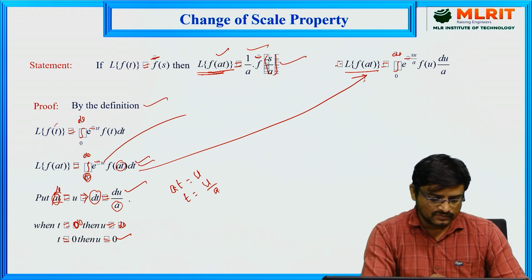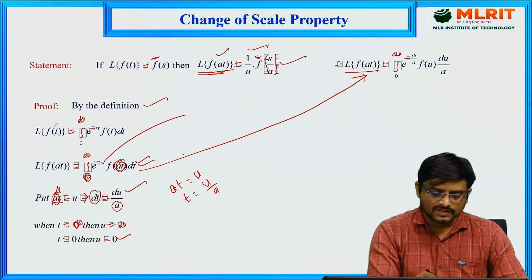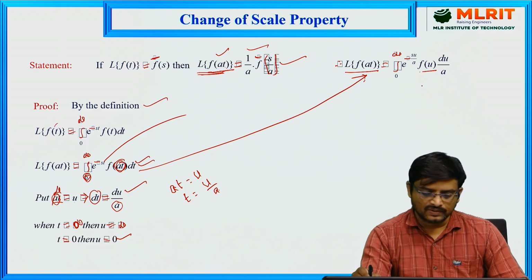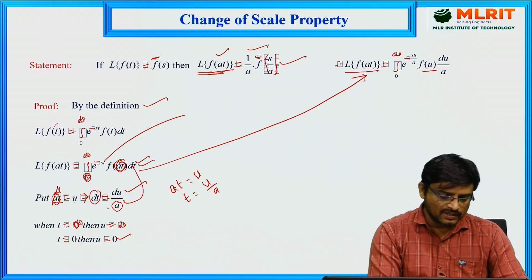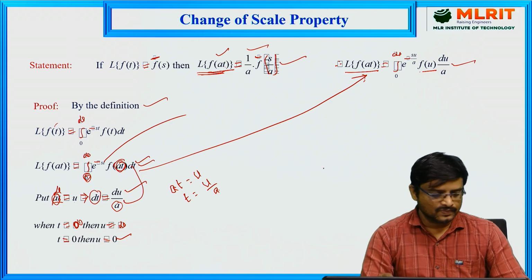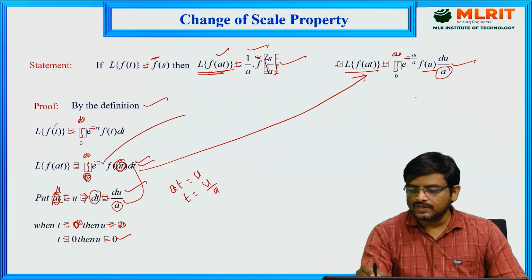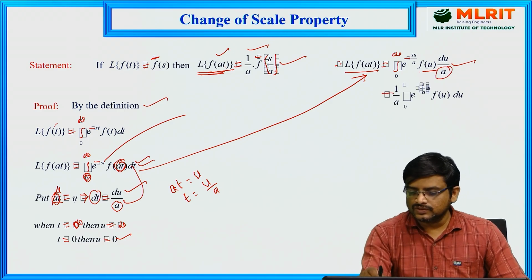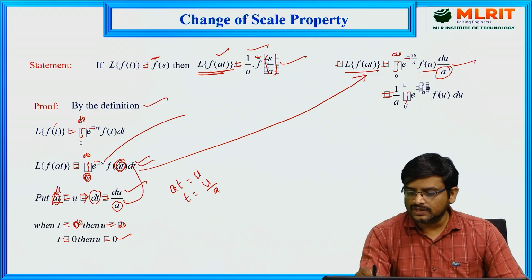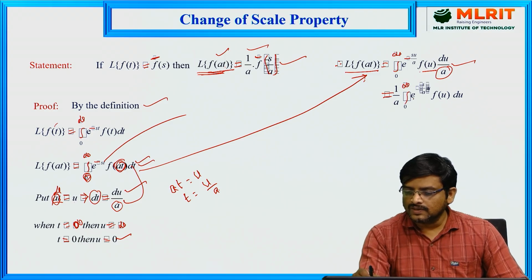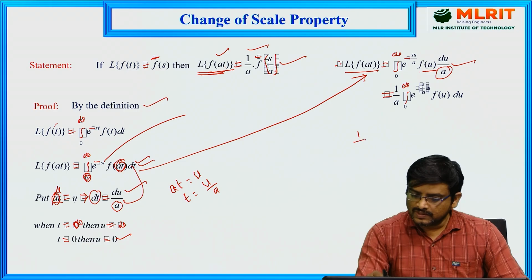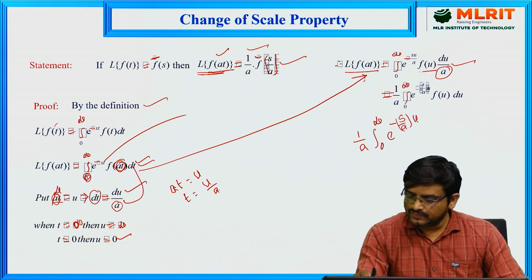F of at is replaced with f of u into dt. We got that dt is equal to du by a. Now a is constant, so we can take that a outside. So this is equal to 1 by a into integral 0 to infinity e power minus s by a into u into f of u du.